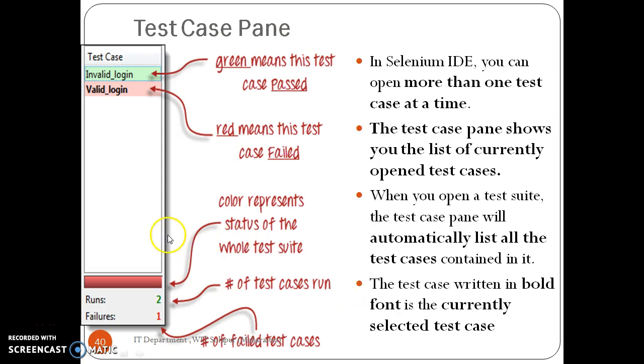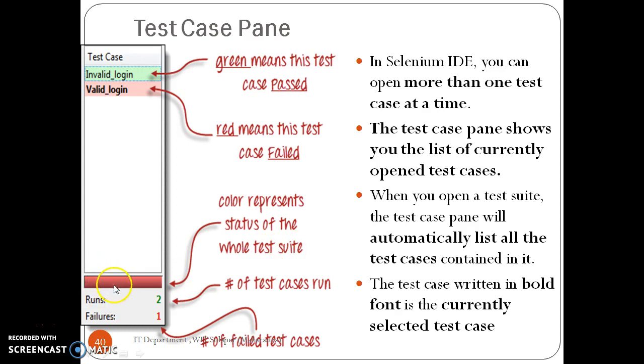Next we will see the test case pane. In the test case pane you can see the different test cases. Green means the test case passed, and red means the test case failed. The color represents the status of the test suite.